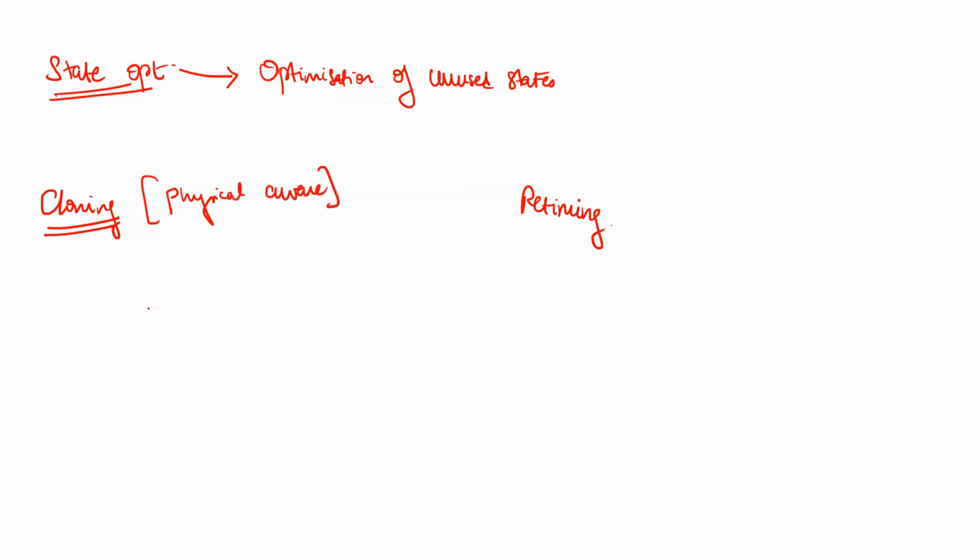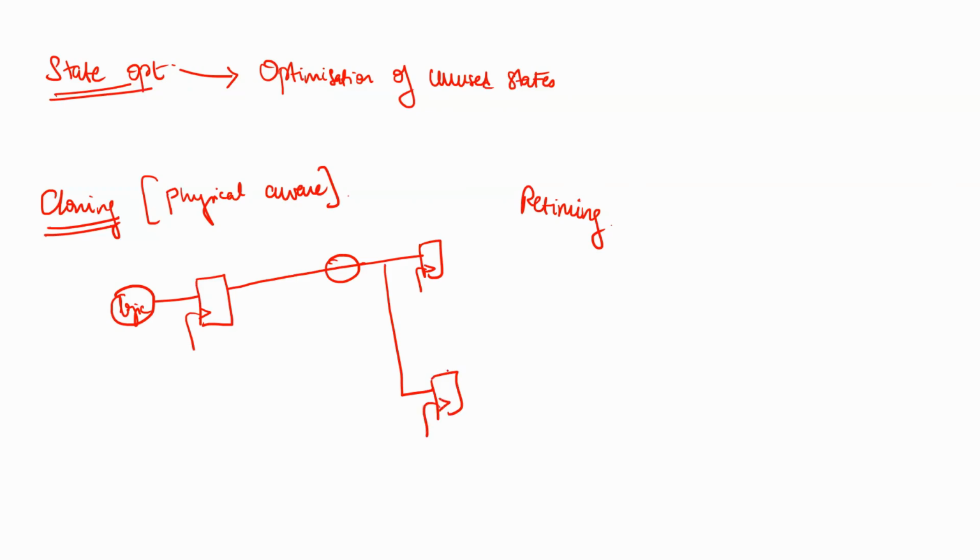So let's say, for example, I have a piece of logic here. This is some logic. Now this logic is going to a flop, and this flop output is connected through a logic to another flop. But let's say this flop is sitting far off.